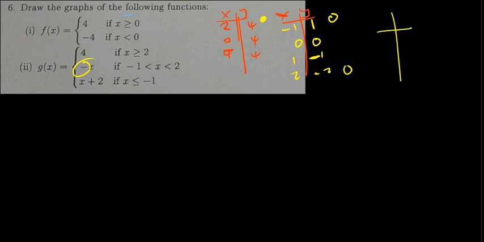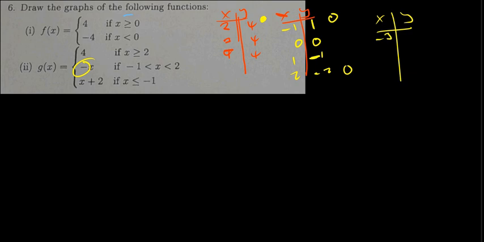The last one, x, y. They're saying less than or equal to -1, meaning that where it's going to start there, it is included. So -1, so less than. That would mean I can start from -3.